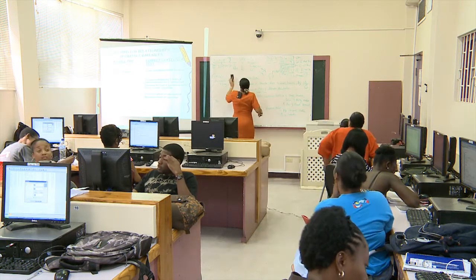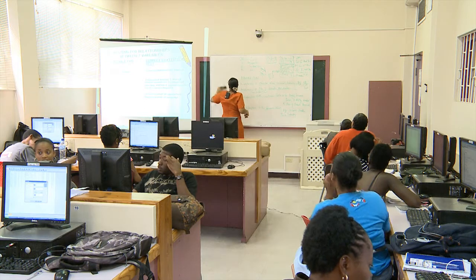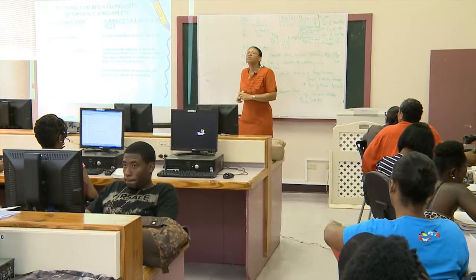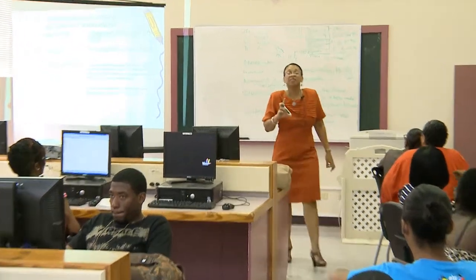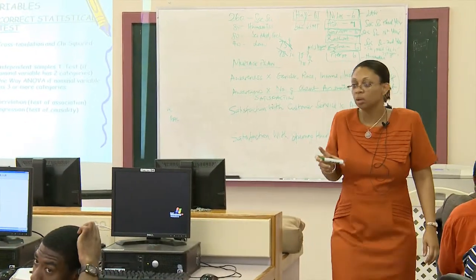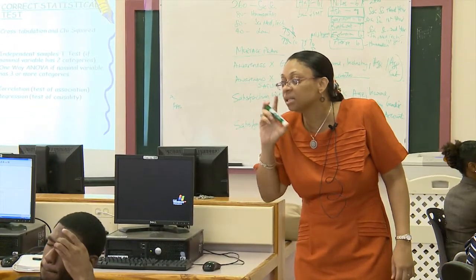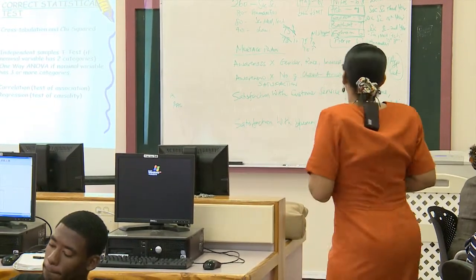I showed you a cross tabulation the other day. Work here with me. Whenever you are running a test, always put the categorical variable in the column. It'll be easier to understand. Let me show you what I mean.